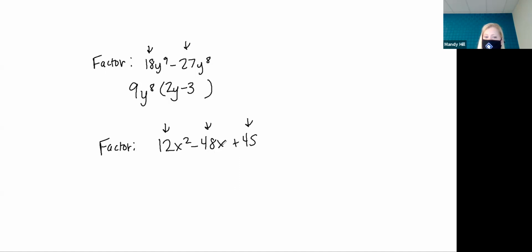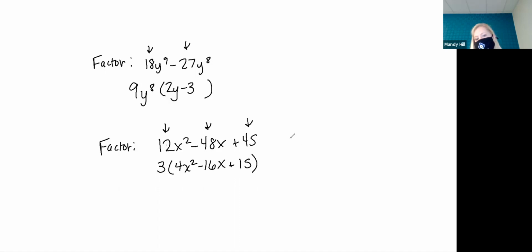So 4 would go into these two, but it won't go into this one. So I think 3 is going to be our biggest number that's going to come out. I can't pull out any x's because this last term doesn't have any x's in it. So I'm going to try to take a 3 out of all those. 12 divided by 3 is 4. Negative 48 divided by 3 is negative 16. 45 divided by 3 is 15.